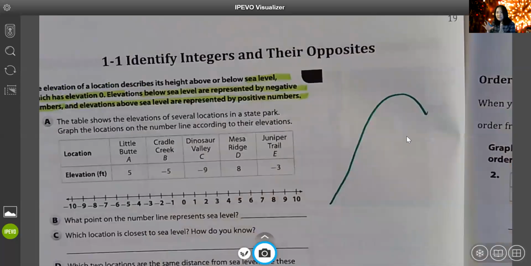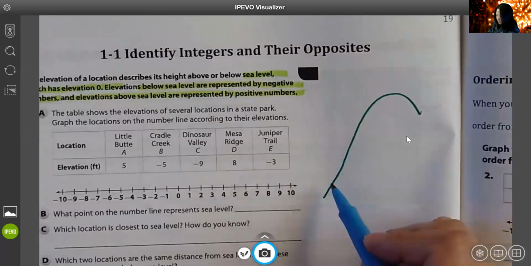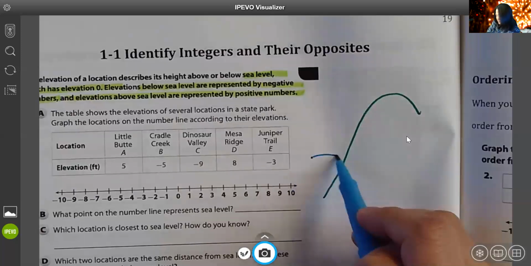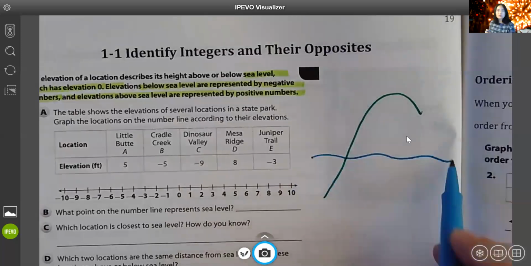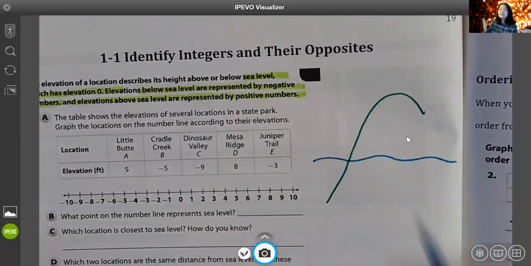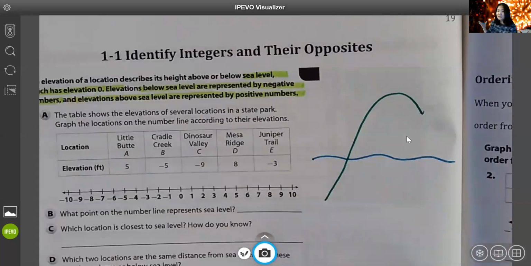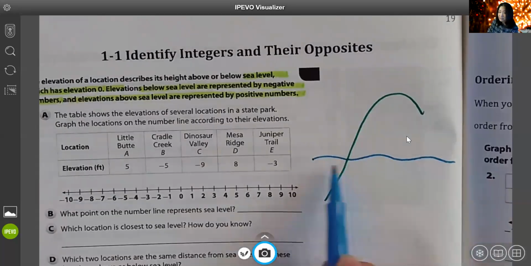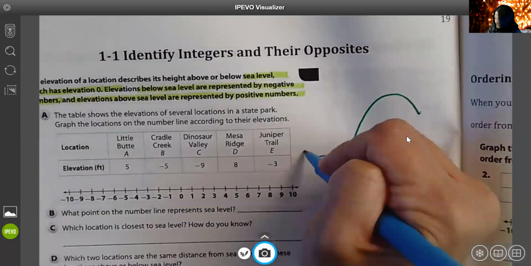So let's say here's a mountain and we have the water right here. That is called the sea level. There's actually more to it, but to keep it simple for you to understand, this line right here is the sea level.